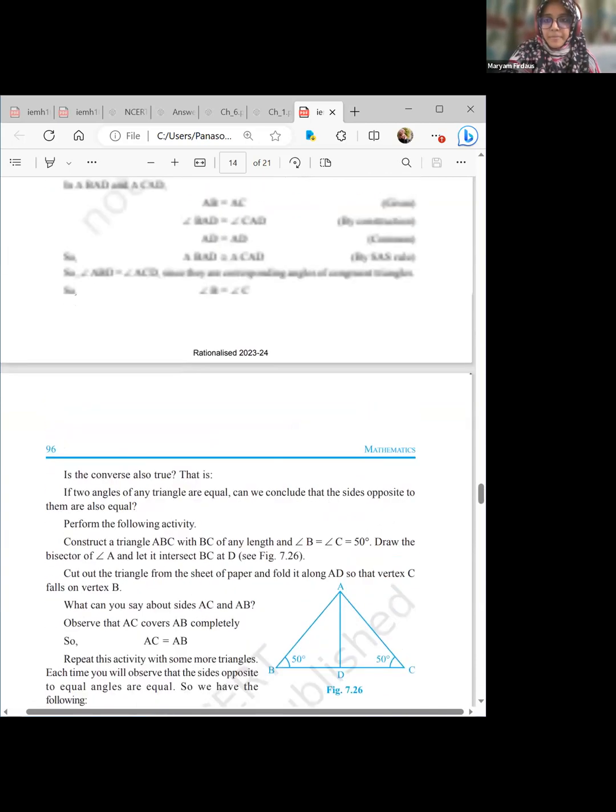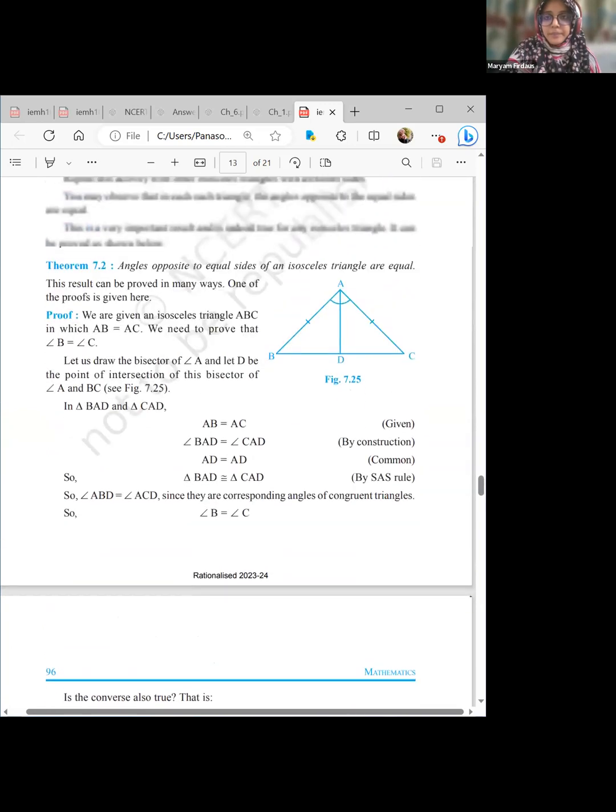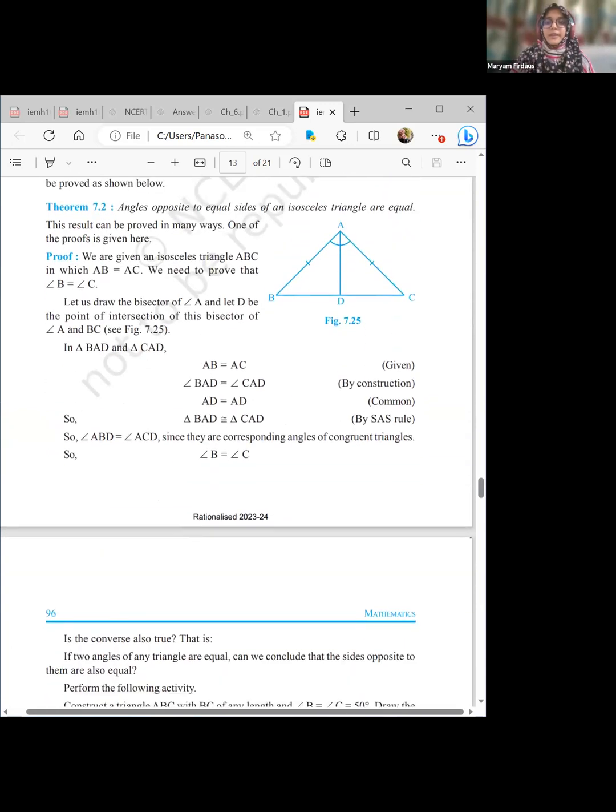This is the only thing that is given. We have to show that angle ABC is equal, or let's just write, angle B is equal to angle C.